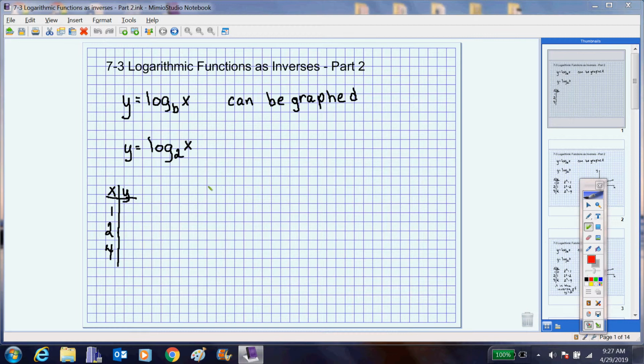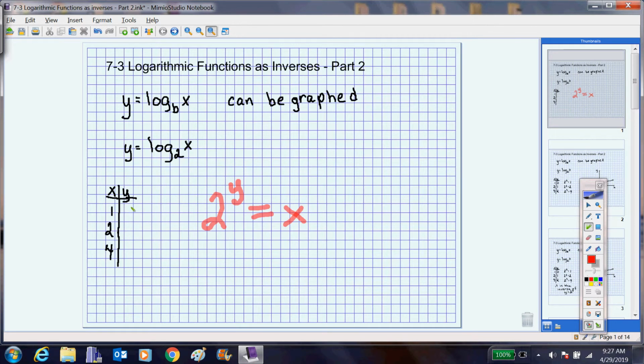Our base is 2. 2 to the what power? 2 to the y power equals x. And that's what we were learning about last week for those that weren't here. 2 to the y power equals x. So logarithm is another way of saying that.